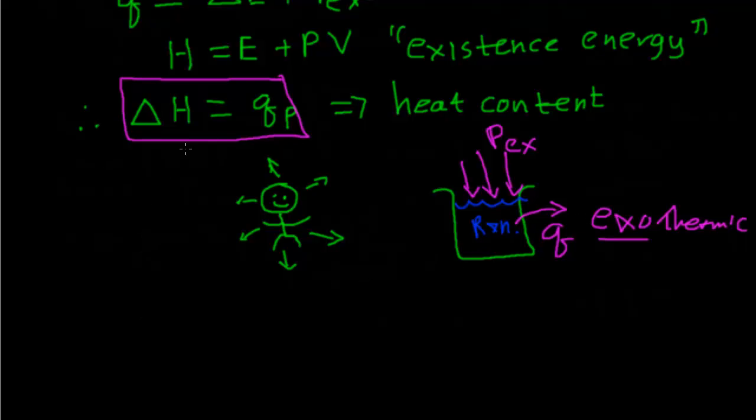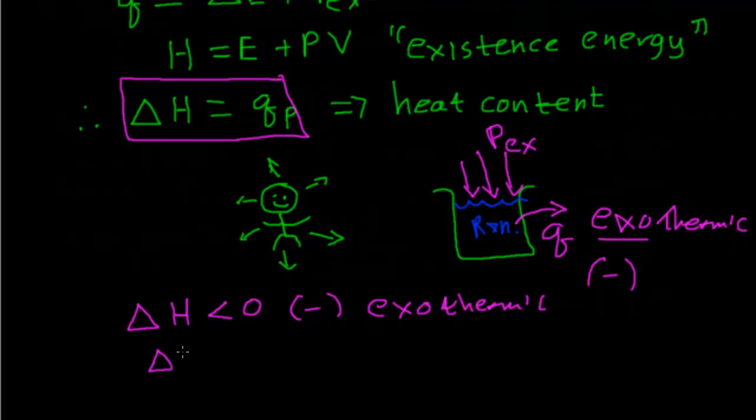If we go back and look at our delta H and think about our sign convention, remember, when Q is going out of our system, we give it a negative sign. That's our convention. When the system is losing energy to the surroundings, we get a negative sign. So whenever delta H is less than 0, or negative, that means we have an exothermic process.